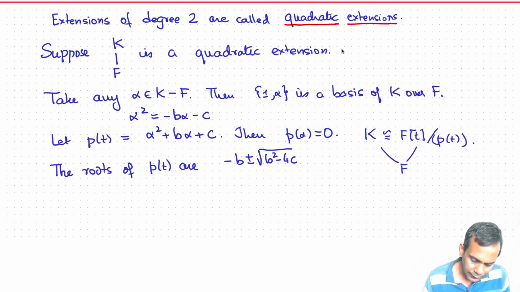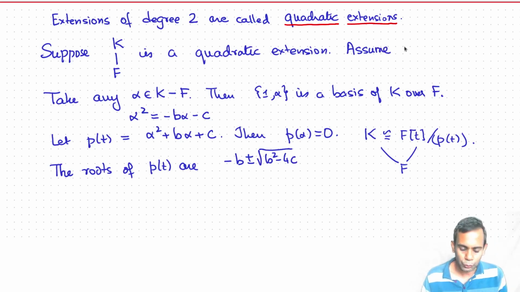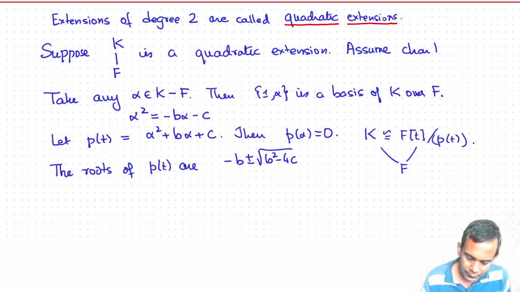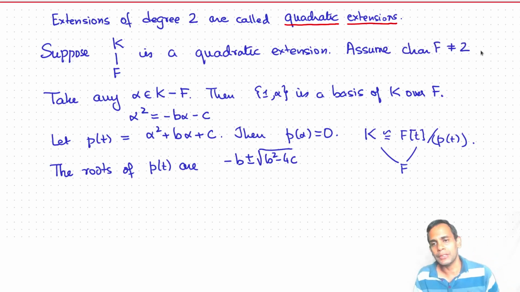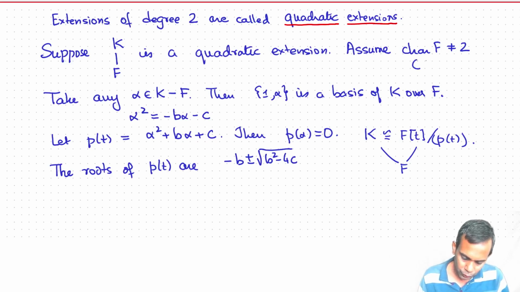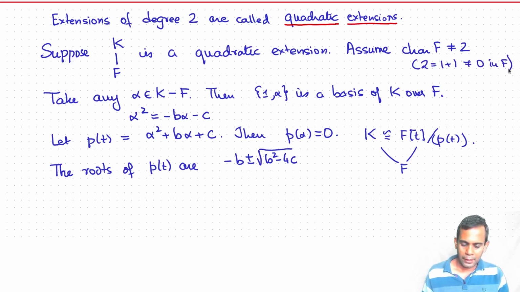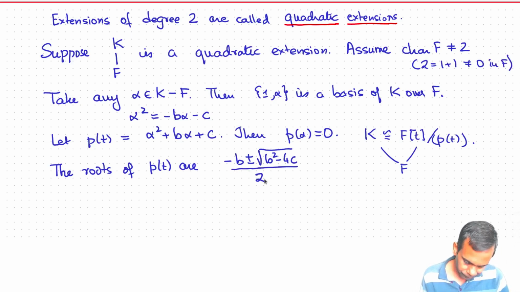So let's assume that F is not a field of characteristic 2. That means that 1 plus 1 is not equal to 0 in F. So 2 is not equal to 0 in F. With that assumption we can divide by 2, and so we get that these are the roots, and one of them is alpha.